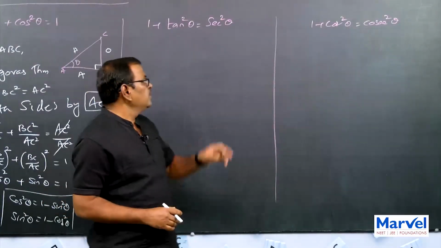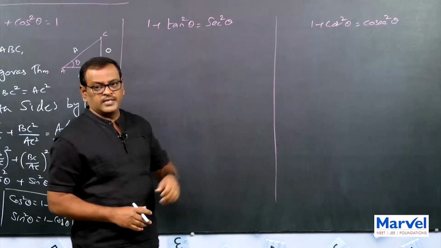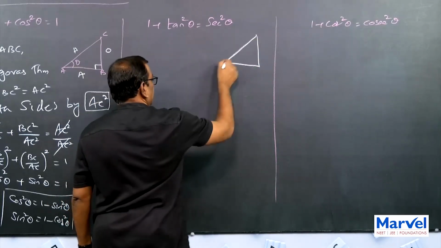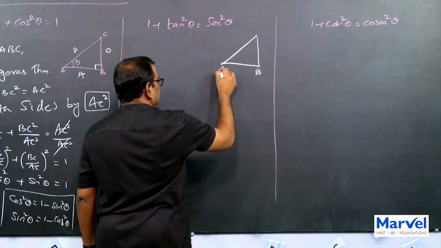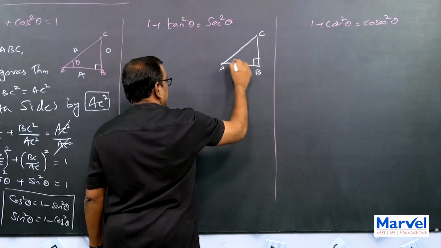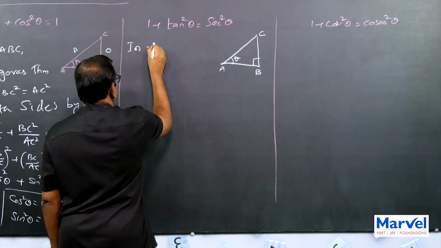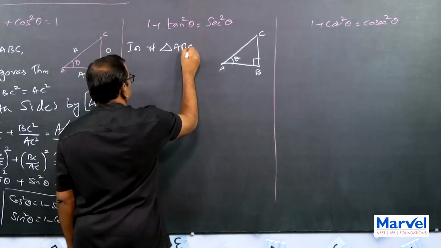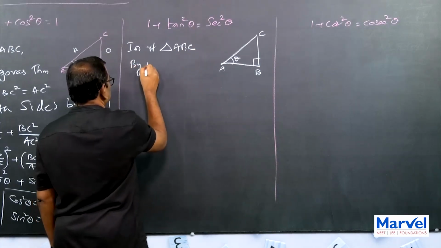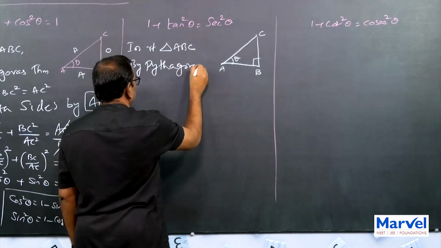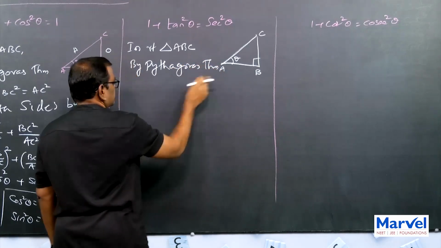Second identity, 1 plus tan square theta equal to secant square theta. Initial steps are the same. A right triangle at B, this is A and this is C, this is 90 degrees, and angle theta at A. In right triangle ABC, by Pythagoras theorem, so what is Pythagoras theorem?